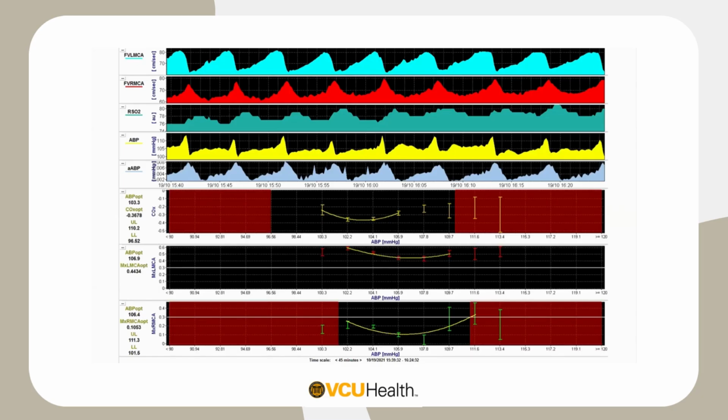But what was fascinating about this case was if you look at the flow velocity on the right and left side, this was a patient who was right carotid cannulated, and you can see that their flow is going in the opposite direction. When their blood pressure spikes up, their flow velocities on the left drop and their flow velocities on the right go up. Then as blood pressure drops suddenly, the flow starts to rise on the left side and drops on the right side.